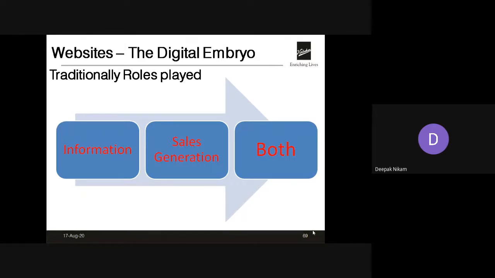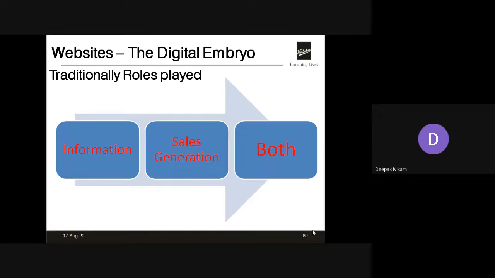My description of a website is the digital embryo. That's where everything begins. That's where you start with many different thought processes and plans on how to develop your particular website.